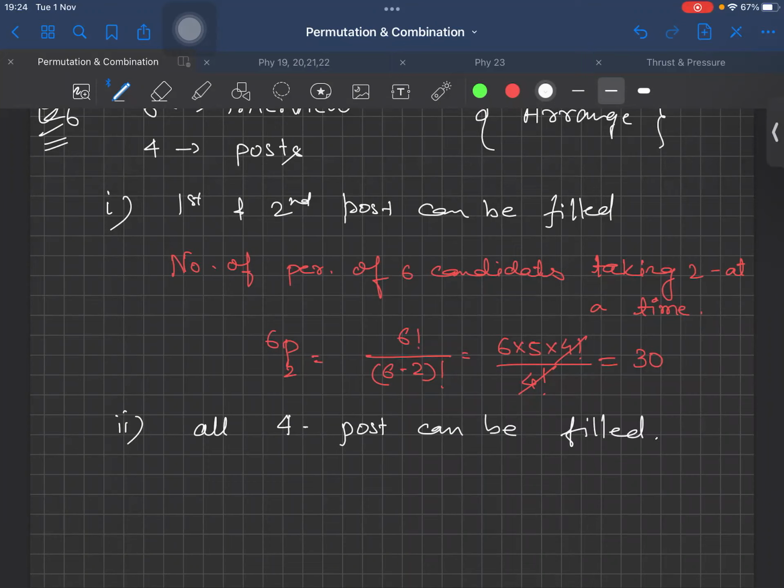So there are 6 candidates and 4 posts. 1, 2, 3, 4 posts are there, and there are 6 candidates.